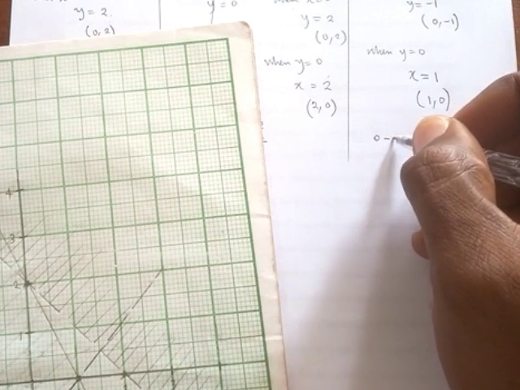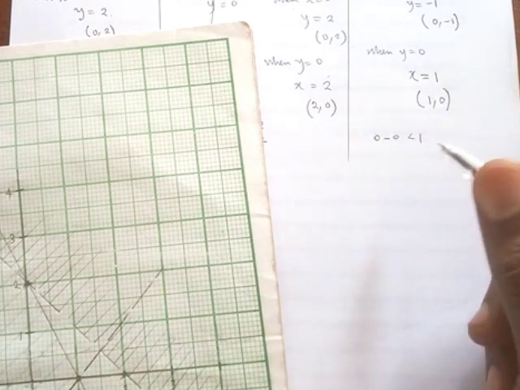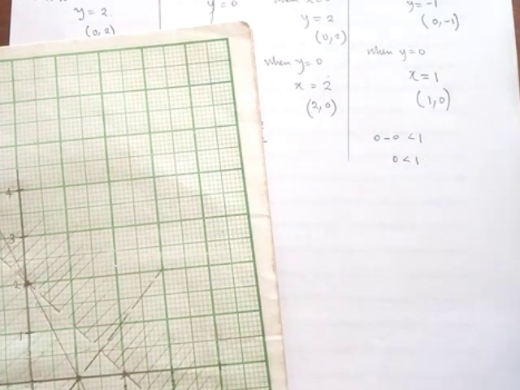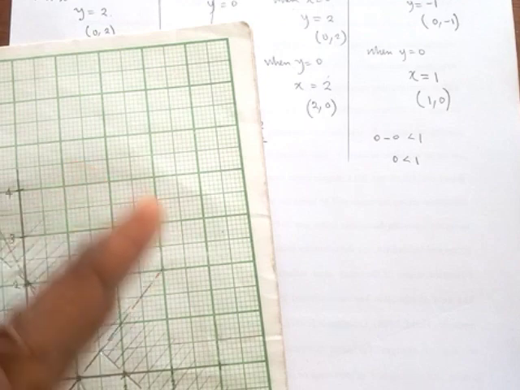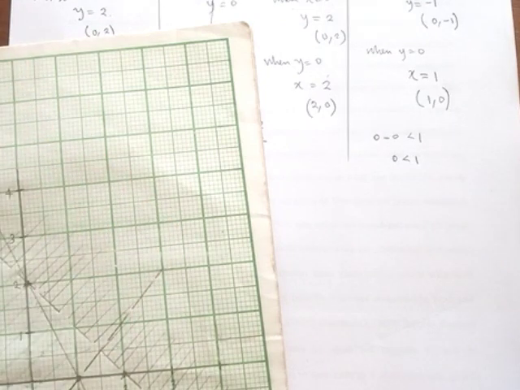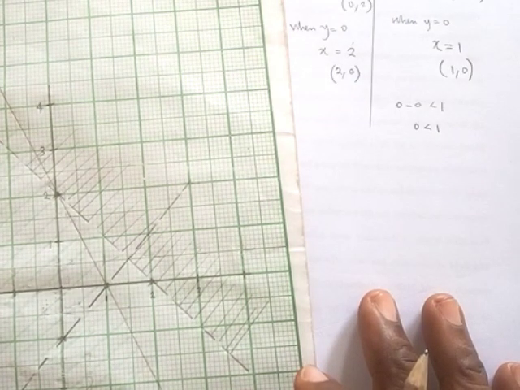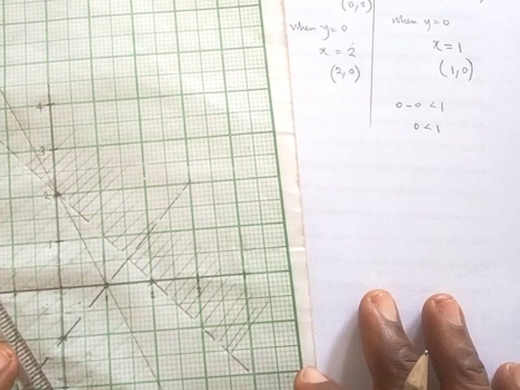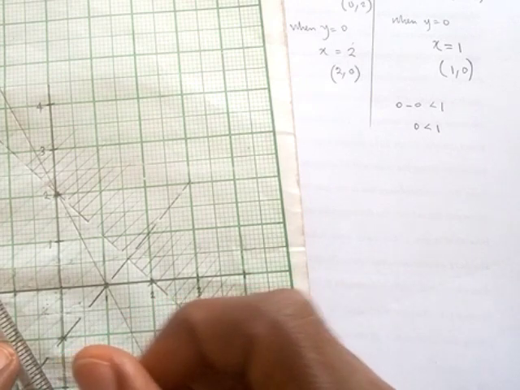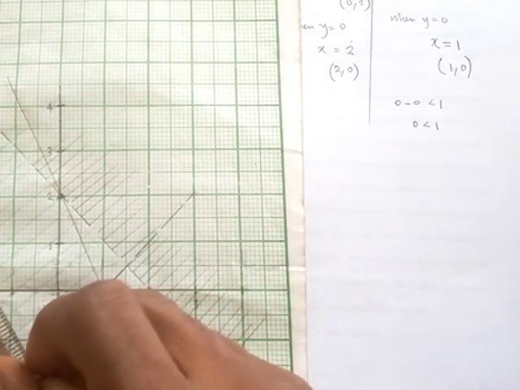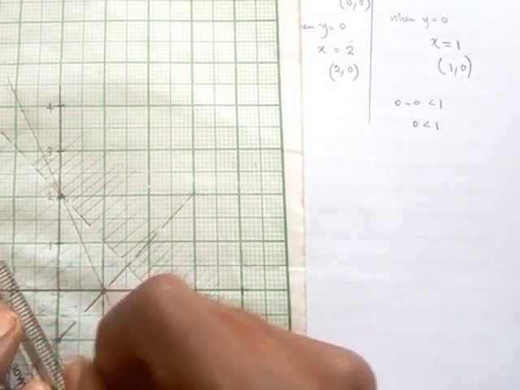So we have 0 minus 0 is less than 1. 0 minus 0 is 0. 0 is less than 1. So 0 is less than 1 talks about this region, the region that entails the origin. So we're going to shade this part of the line.